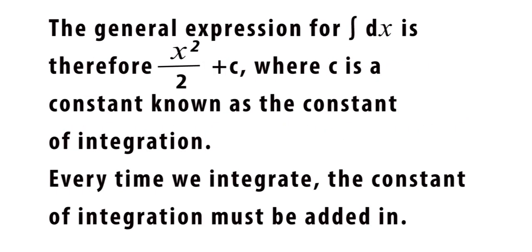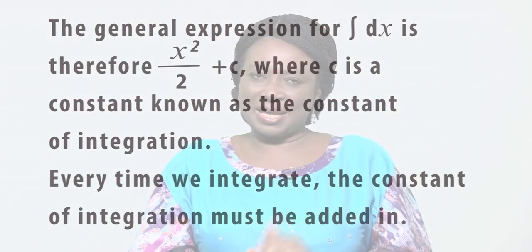The general expression for the integral of x dx is therefore x squared divided by 2 plus c, where c is the constant of integration. In the previous cases, the 2, 12, and negative 30 represent c.